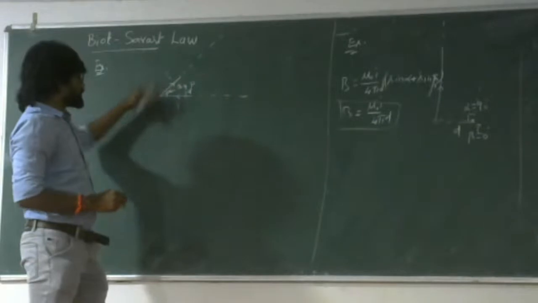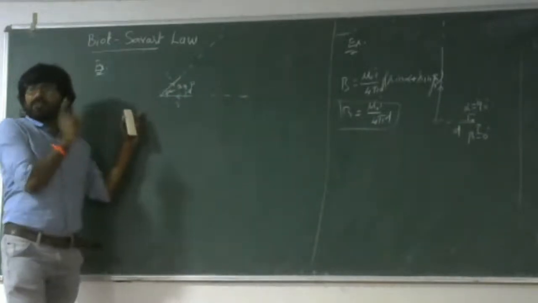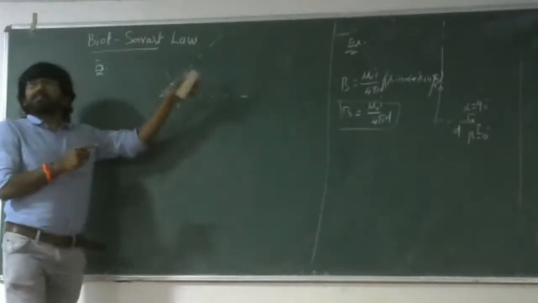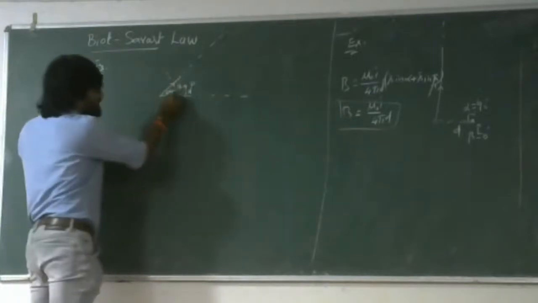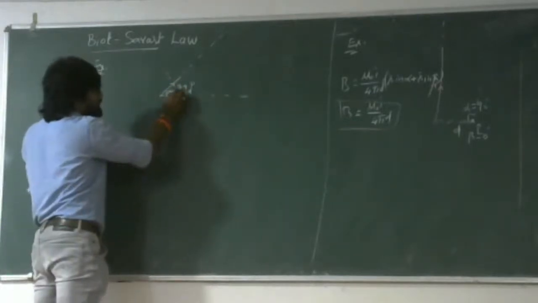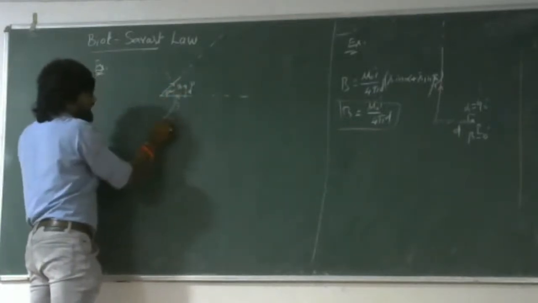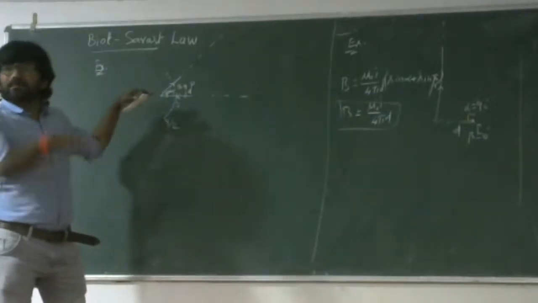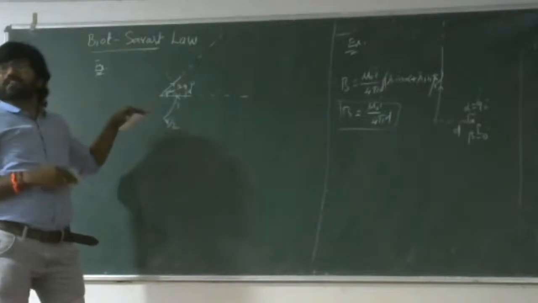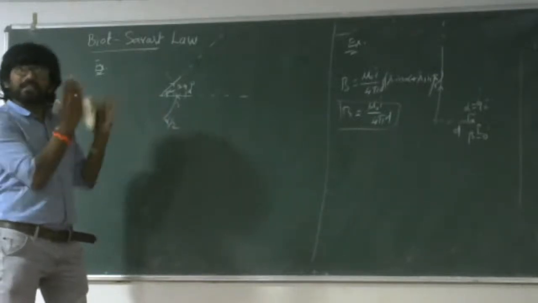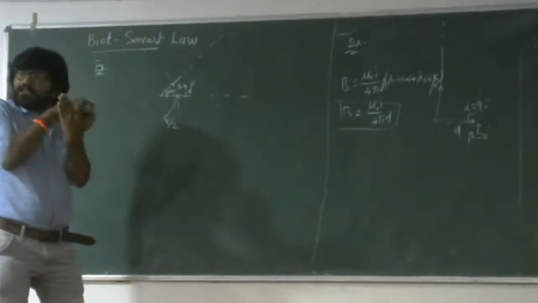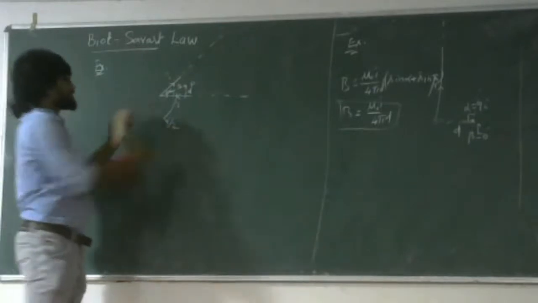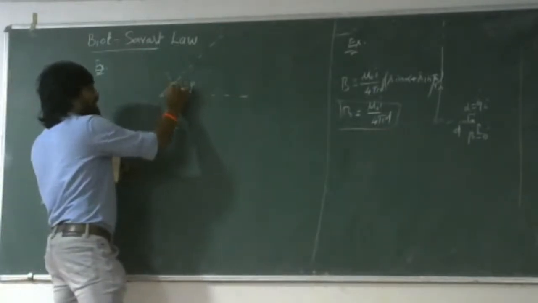The angle between these two conductors is given, and it is mentioned that the point is on the angular bisecting line. So this angle should be exactly half of it, alpha by 2. Bisecting means dividing into two equal parts. So this is alpha by 2, and this also will be alpha by 2.